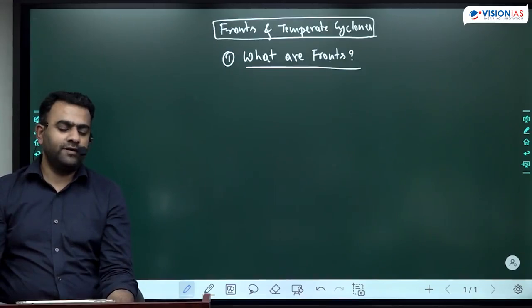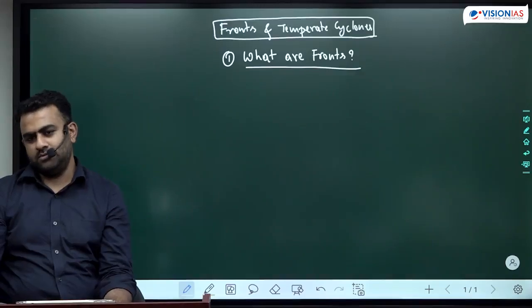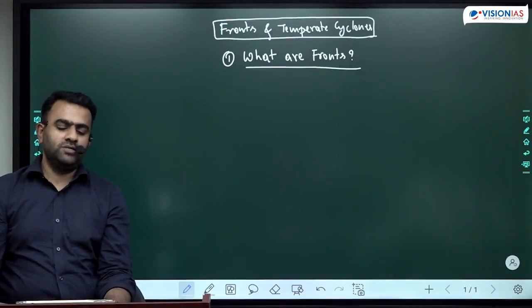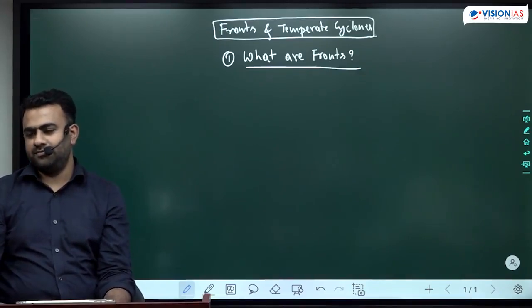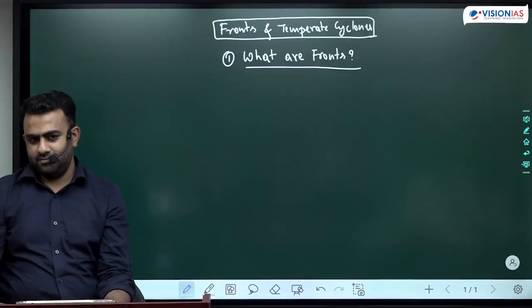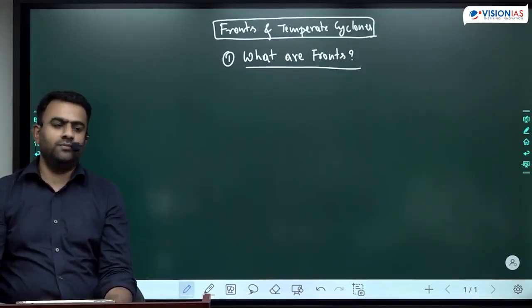Have you heard of frontier region? Frontal zone? Borders, in the context of borders. So what is the difference between a border and a front? Why was it called the northwest frontier zone? Northeast frontier.